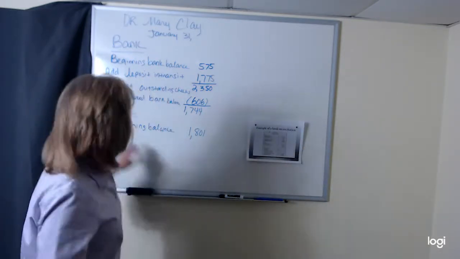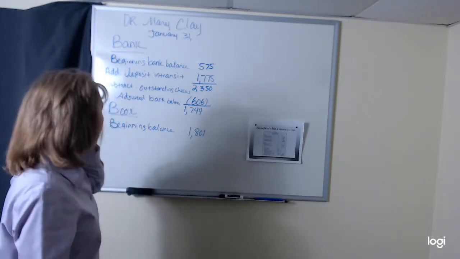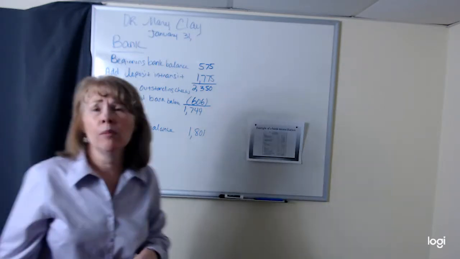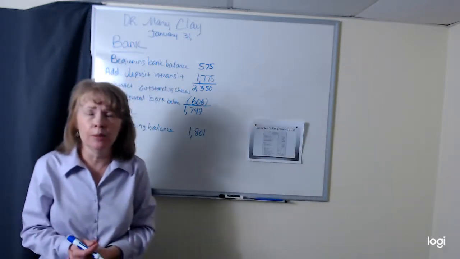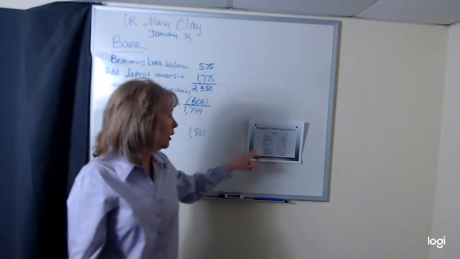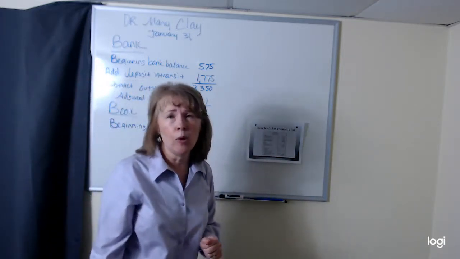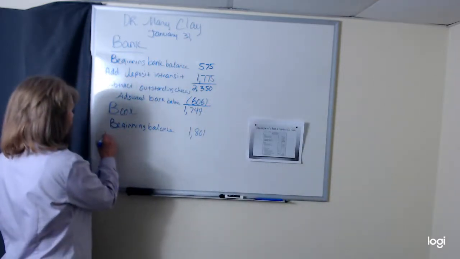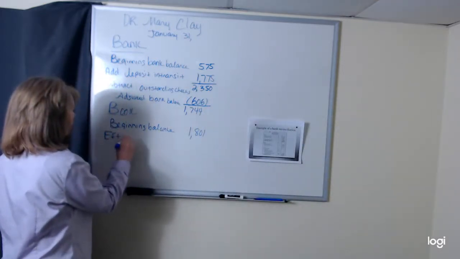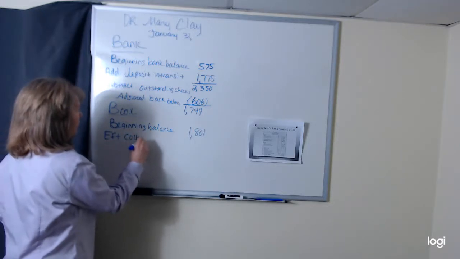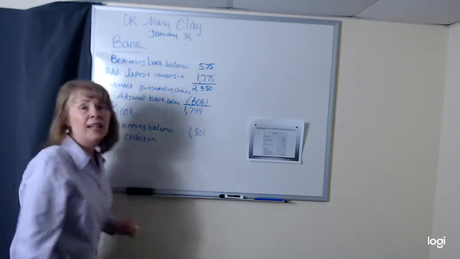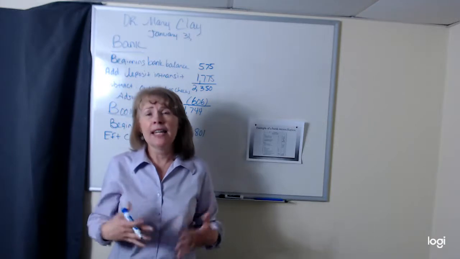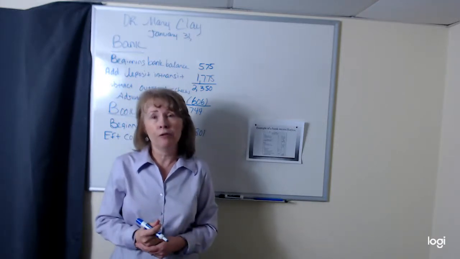Now let's work on the book side. So on the book balance, one of the most common reconciling items, looking at my PowerPoint again, is called an EFT collection. And in this example, it's an EFT collection for rent.